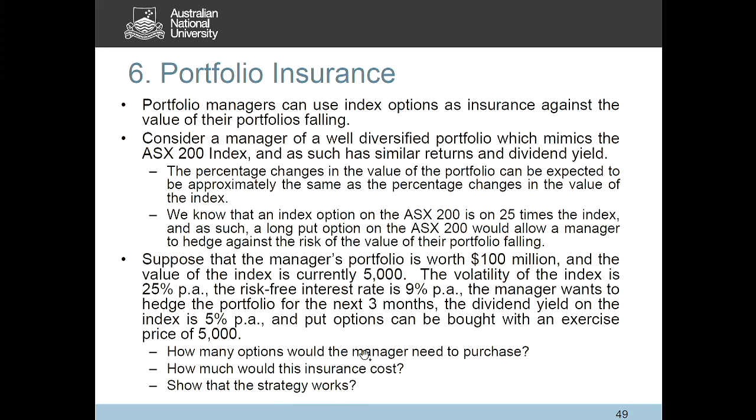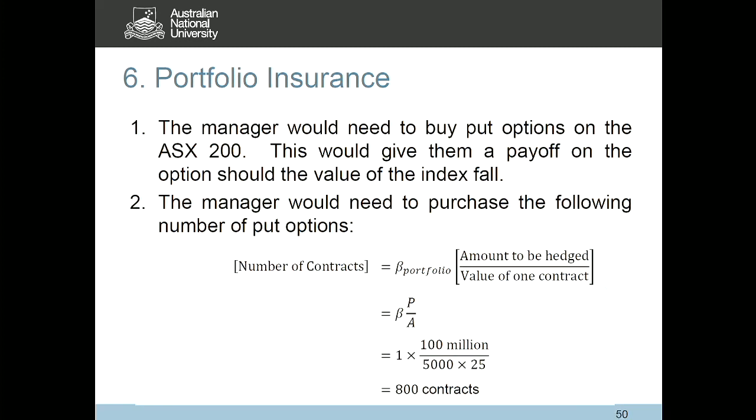All right, so in order to work out how much the insurance would cost, we need to work out the put option price. So first, let's have a look at how many contracts we need. The formula to work out how many contracts we need is the same as the formula that we used in week 2, where the instrument is a futures contract.